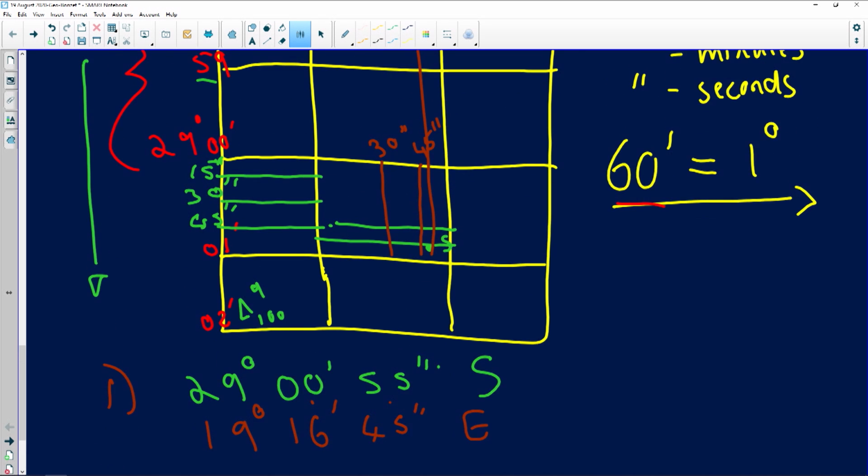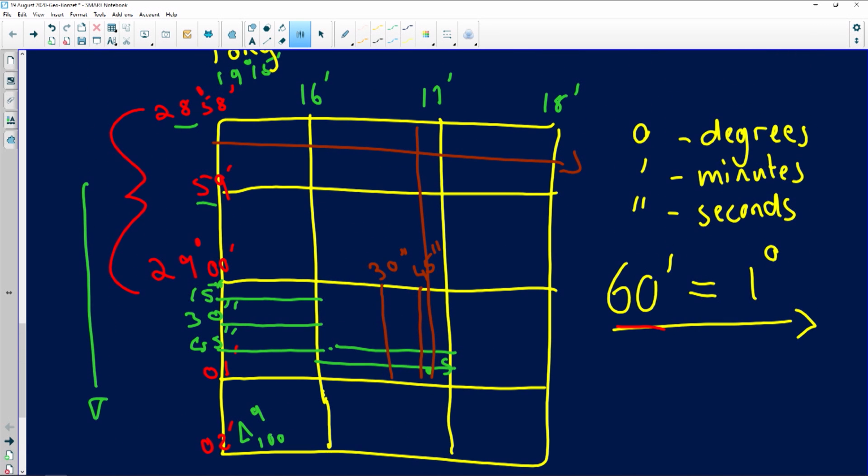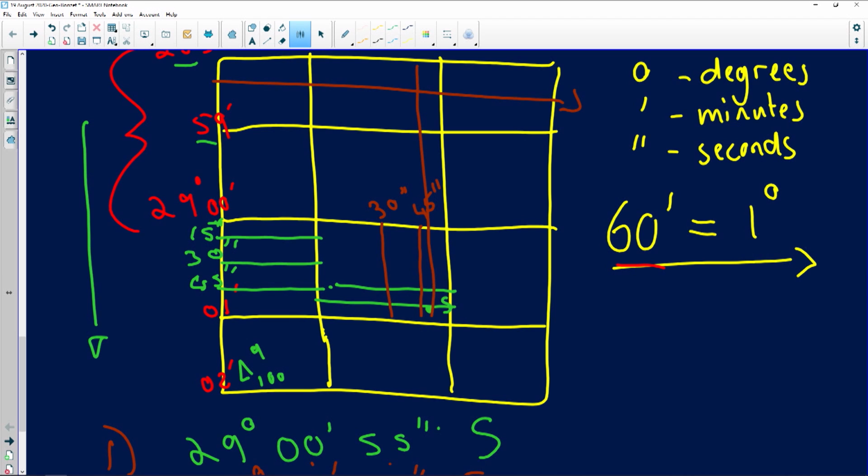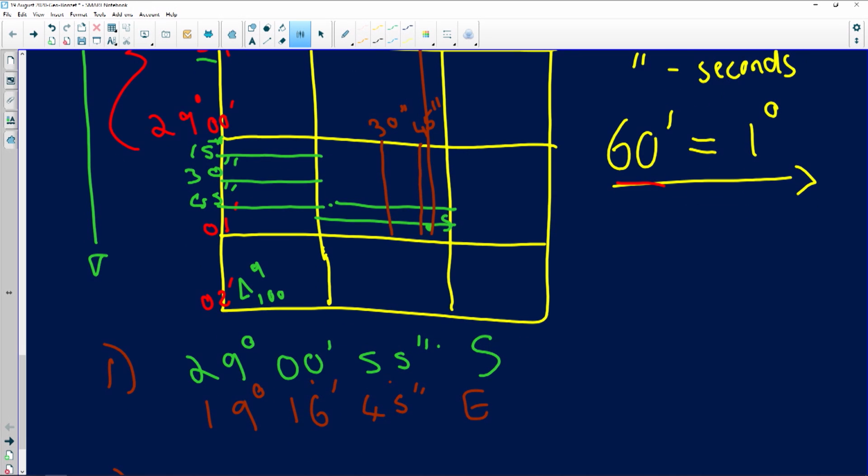Okay, so once again, we start reading our latitudinal position. 28 degrees, 58 minutes, 59 minutes. So 59 turns to 0 minutes, but what happens with the degrees? It increases. So it's 29 degrees, 0 minutes, 1 minute. So we find the trig station between 1 minute and 2 minutes.